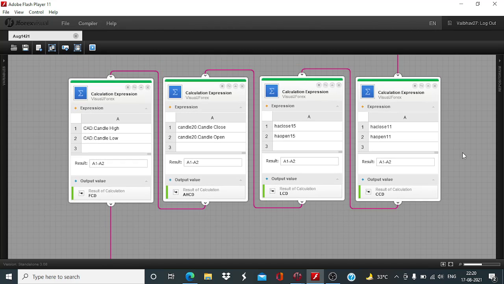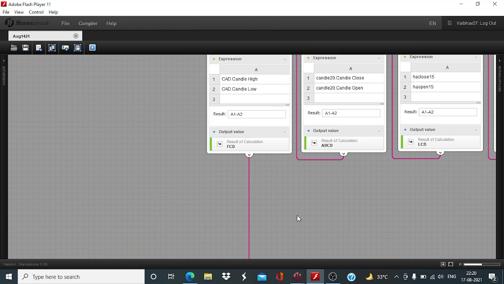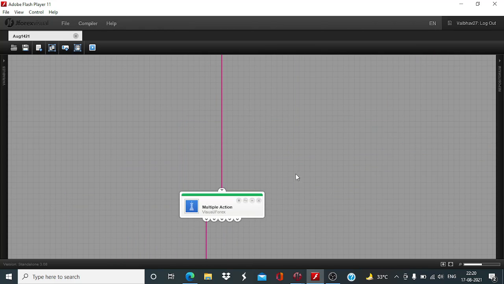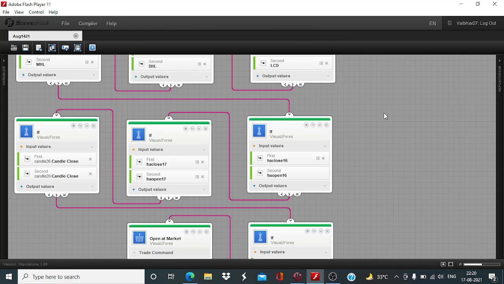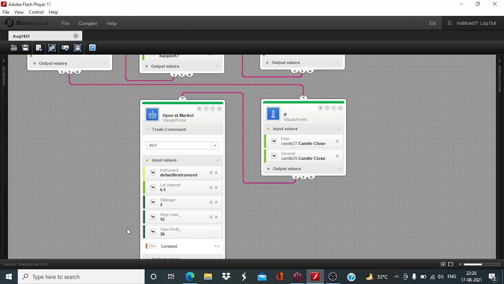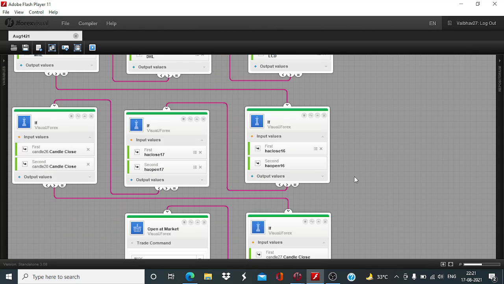In the last session, these calculations were carried out while defining the entry conditions for the execution of the buy trade. Now, in today's setup, we will be defining the logical requirement for the execution of the sell trade. So this buy side was completed. We have to make the sell side symmetrical.